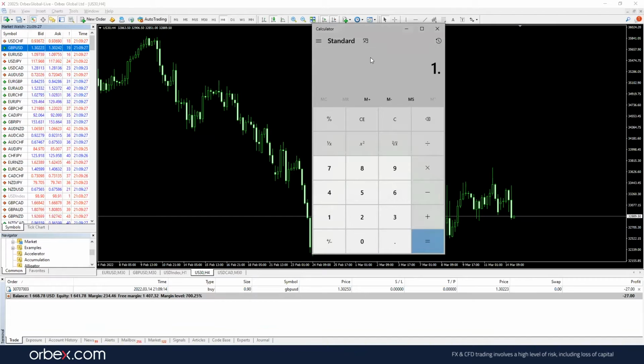So if we go 1.30253, multiplied by 90,000, again, 90,000 represents my notional value of 0.90, and divide by 500, it's 234.455, and it's been rounded up to 456. So that's actually an exact amount of what the margin will be. And this is because the base currency is the same as the quote currency of the Forex pair that I'm trading on.